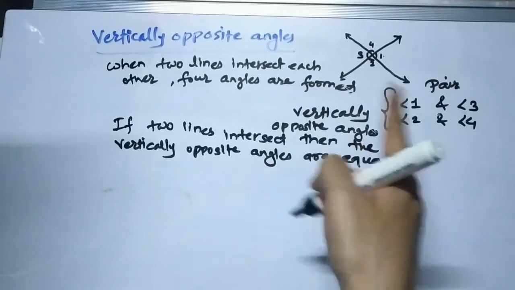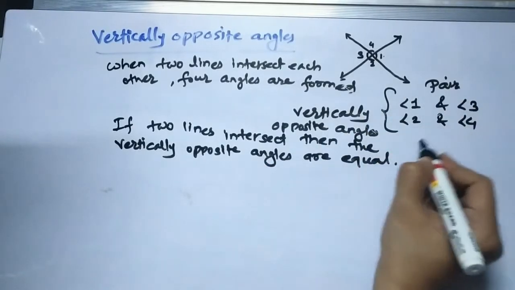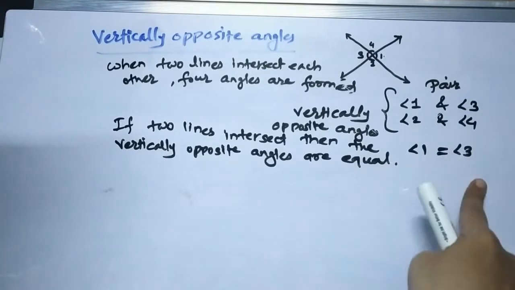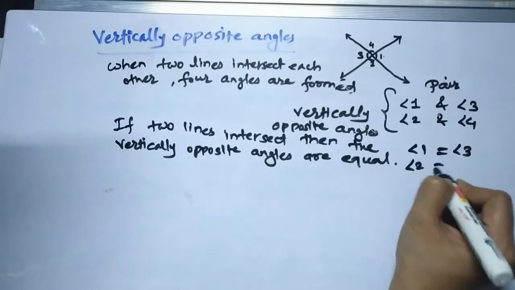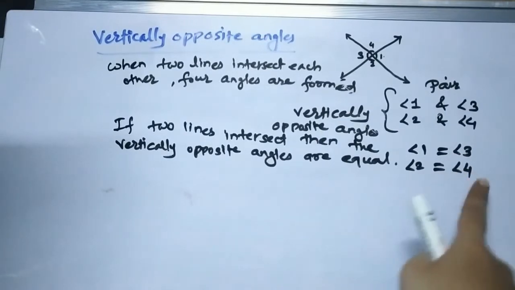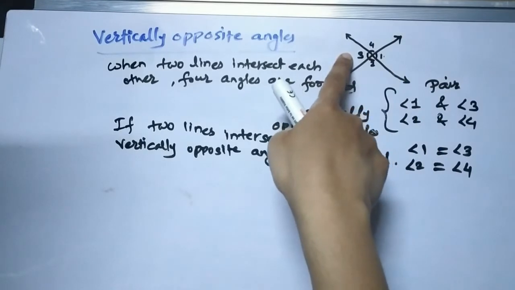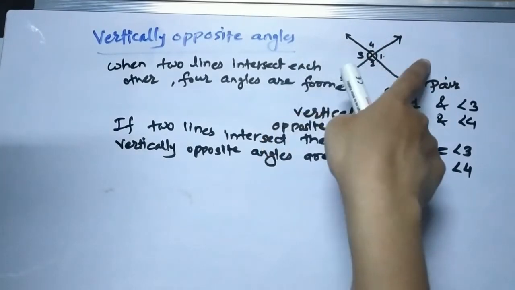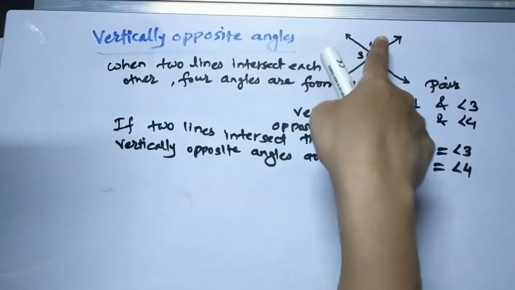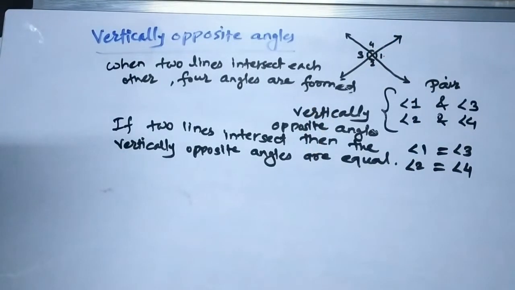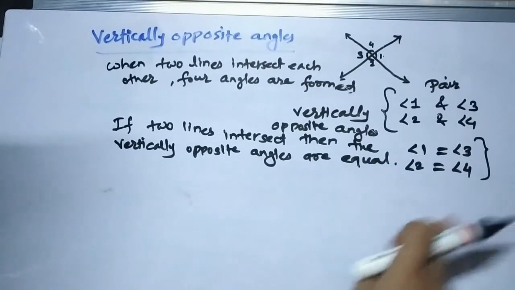If you want to see how they are equal, the measure of angle 1 is equal to the measure of angle 3, and the measure of angle 2 is equal to angle 4. It means if angle 1 is 60 degrees, then angle 3 is also 60 degrees, because they are vertically opposite. If angle 4 is 80 degrees, then angle 2 is also 80 degrees, because they are vertically opposite angles.